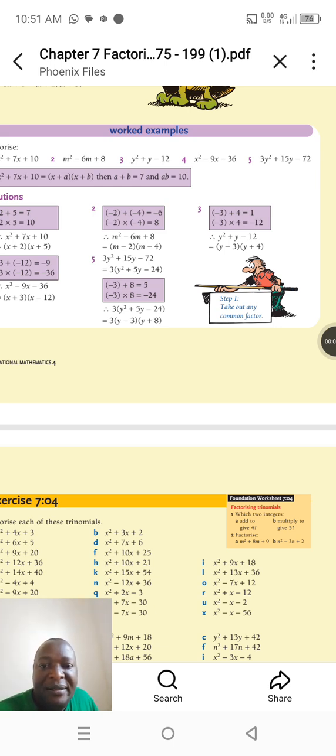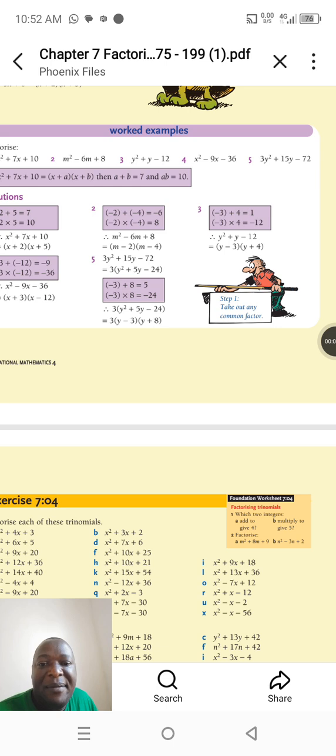Then for the expression in the bracket, we get the product, which is the coefficient of y squared and the constant value c. So the product is going to be negative 24, and the sum, which is the coefficient of y, is 5. So two numbers whose product is negative 24 and whose sum is 5.